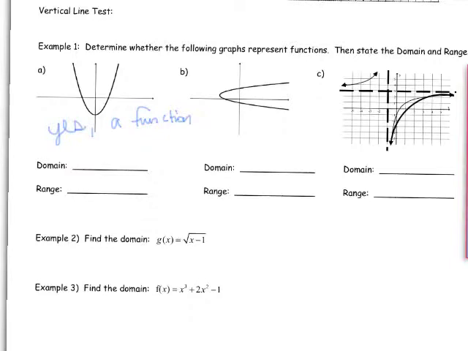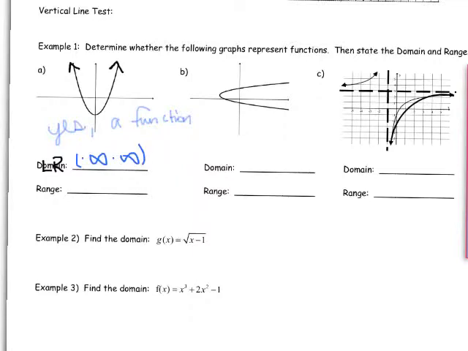Okay, so let's talk about what the domain and range is. And really, this should have had some arrows right here and here, just because that's what's going to tell us that it goes on forever. So the domain is left to right. On the left-hand side, this arrow tells me I'm going to go forever left. And then as I move to the right, I'm still existing everywhere to the right. So I write that as negative infinity to infinity.